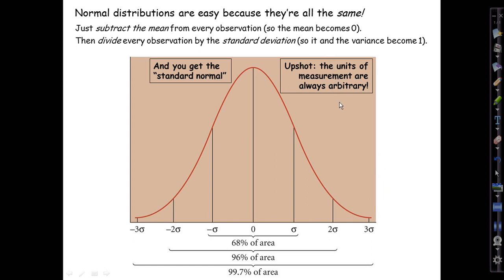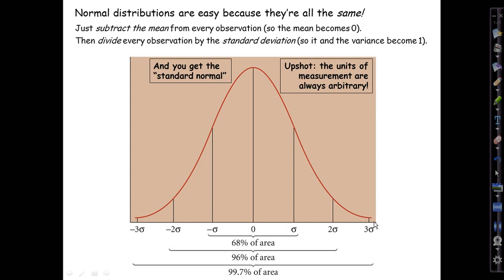So the upshot is we're always free to do that. It doesn't change anything. The units of measurement are always arbitrary, so we were free from the outset to define the mean as 0 and to use a ruler whose markings were 1 standard deviation apart. That's as good as any other unit of measure, really, for scientific purposes.